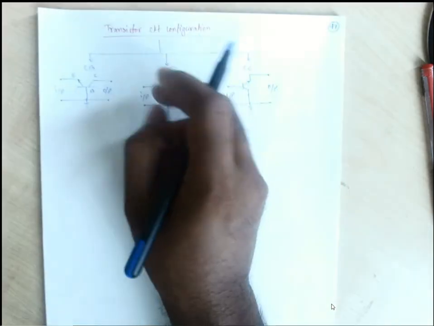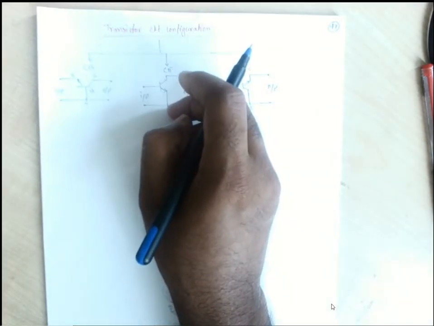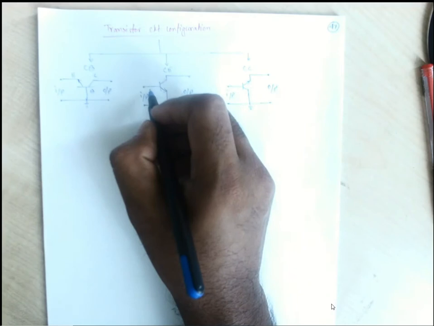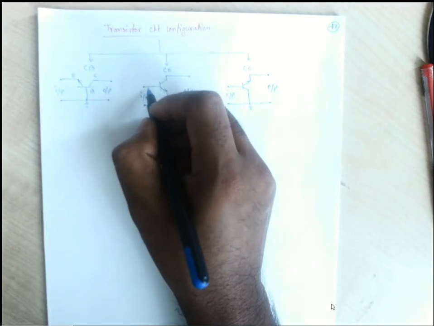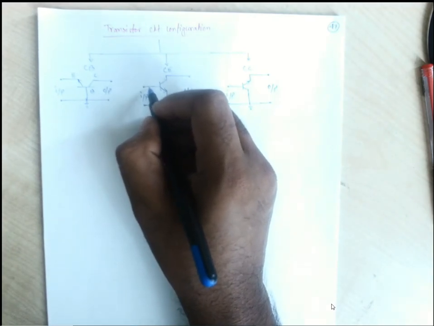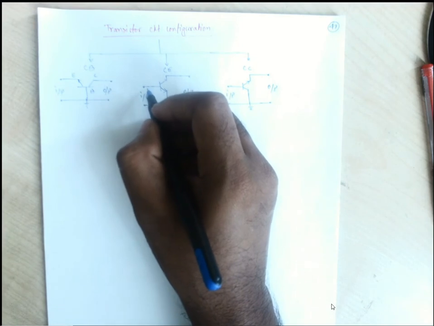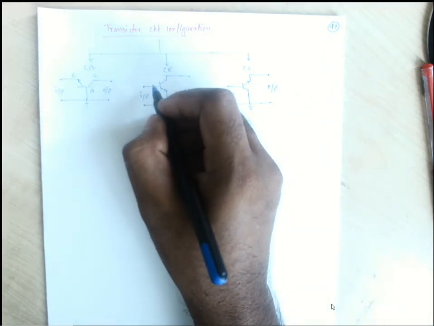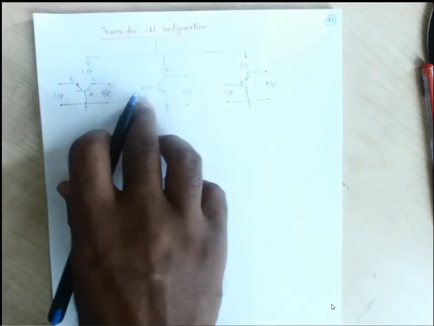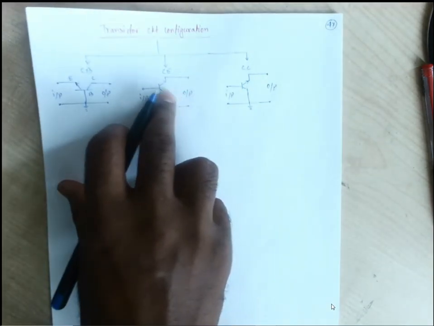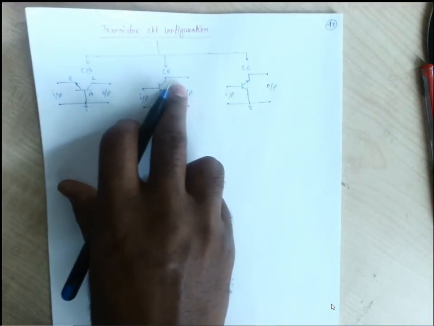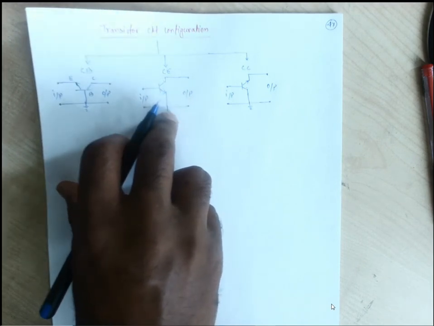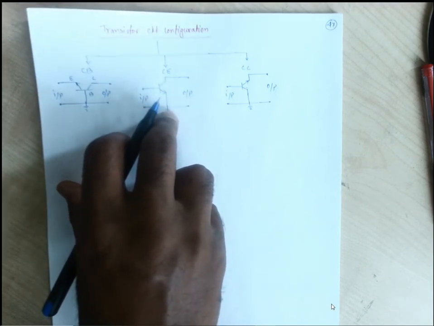Now for the CE circuit, input current is the IB for the common emitter, and the input voltage is the VBE. For this output side, the output current is IC and the output voltage is the VCE.